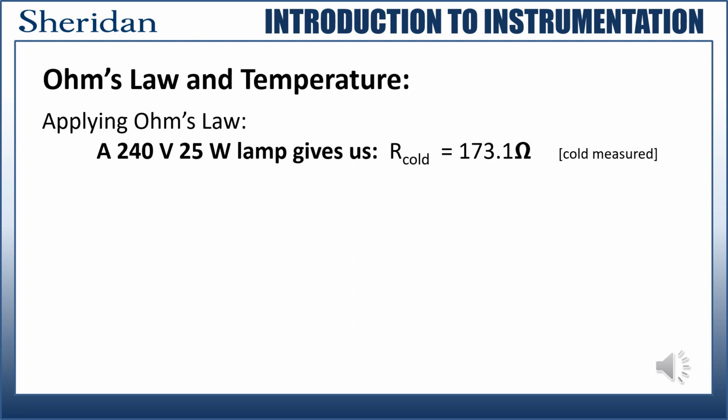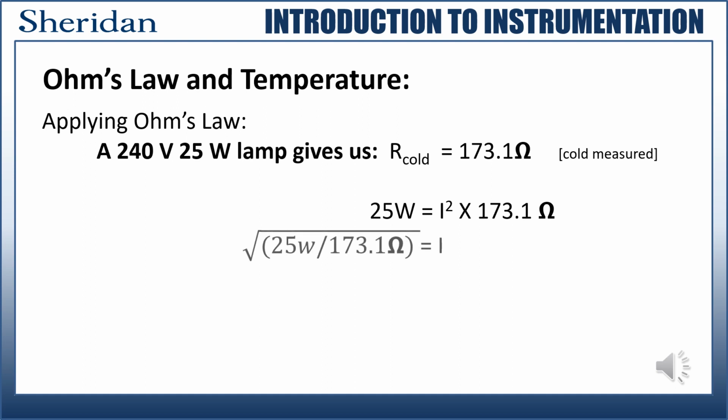Ohm's power law states that the total power of a circuit is the product of the current squared multiplied by the resistance. So 25 watts would be the current squared times 173.1 ohms. To find the current, we need to rewrite the equation and then square root the result.